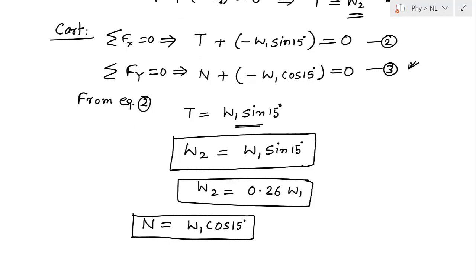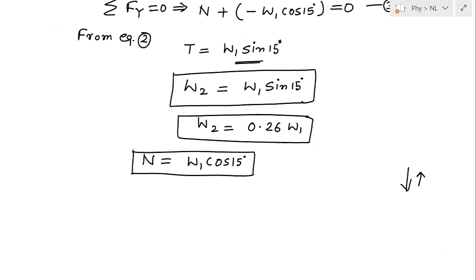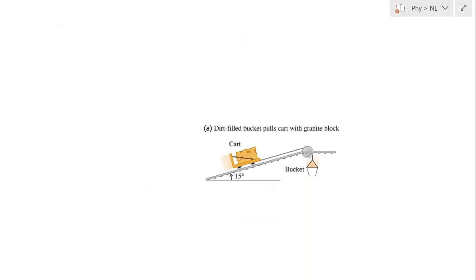One important point: this analysis does not account for the direction of motion. That is, your bucket can either go in the downward direction or in the upward direction. This means this system can either move in this direction, or even if this system is moving in this direction, you will have the same relationship.